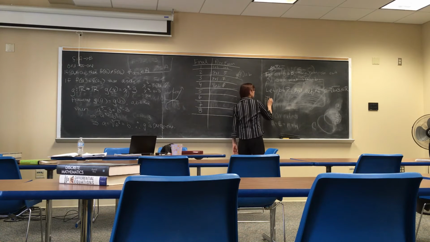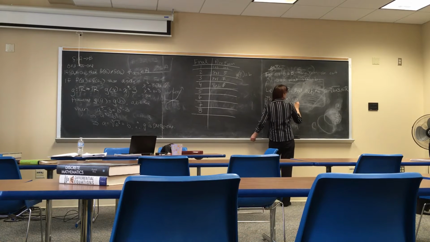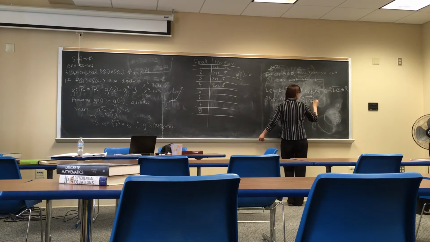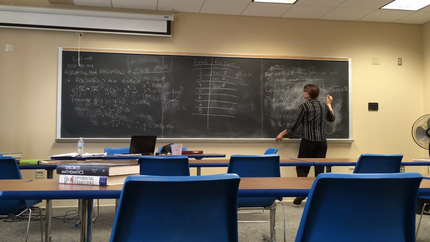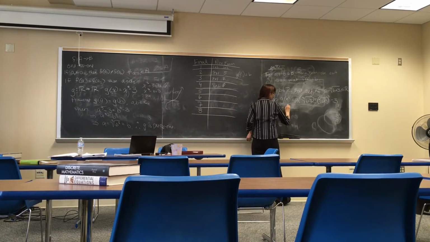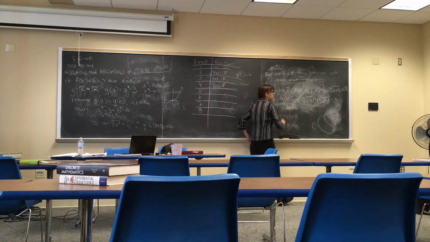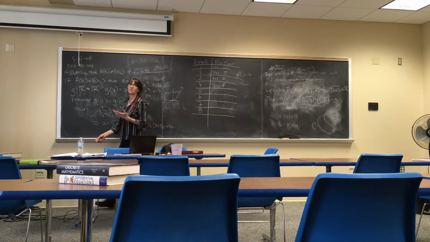Well then, G of A is equal to G of the cube root of B plus 3, which is equal to the cube root of B plus 3 to the third, what's our function, minus 3, minus 3, which is equal to B plus 3 minus 3, which equals B. So we just found an A that will get us there.